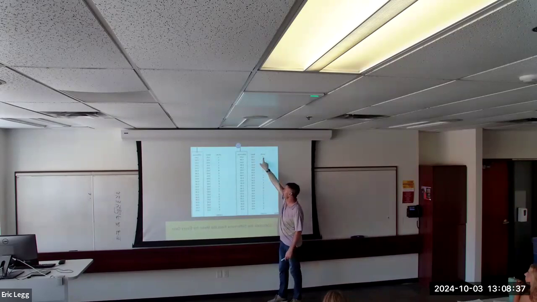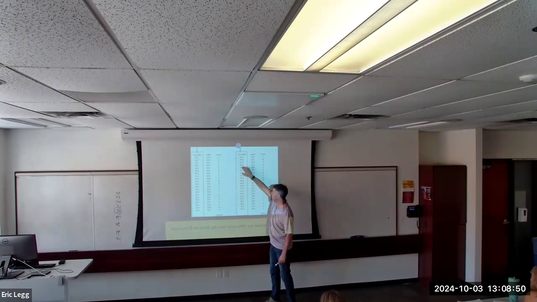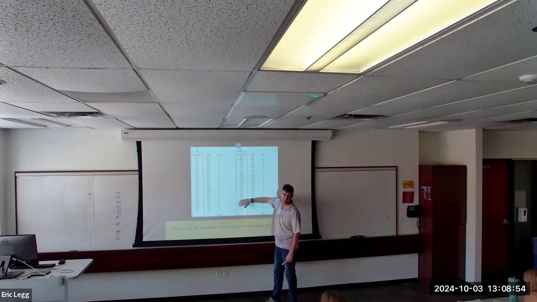So this person said 3, so 3 minus 3.62, 4 minus 3.62, 3 minus 3.62. Every person, I subtract the average for the group. Now I've got this new number, which is the distance that each person is away from the mean.